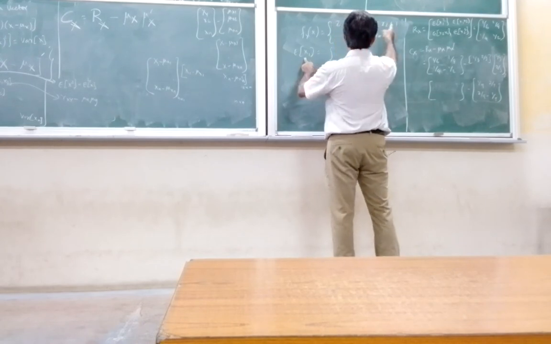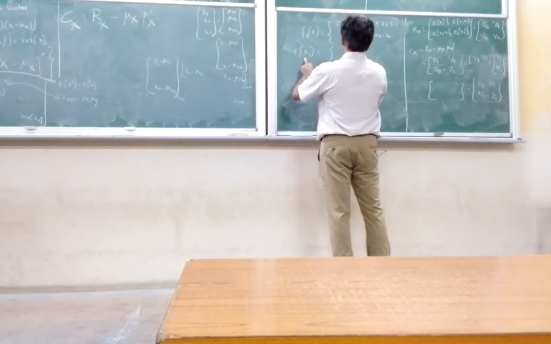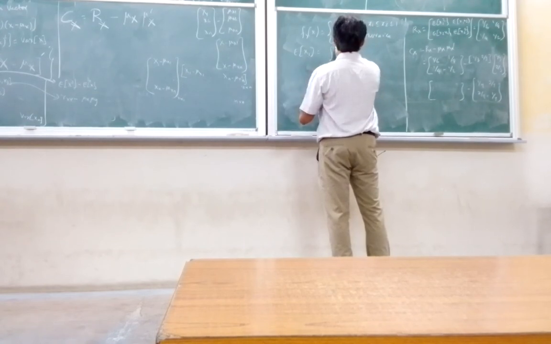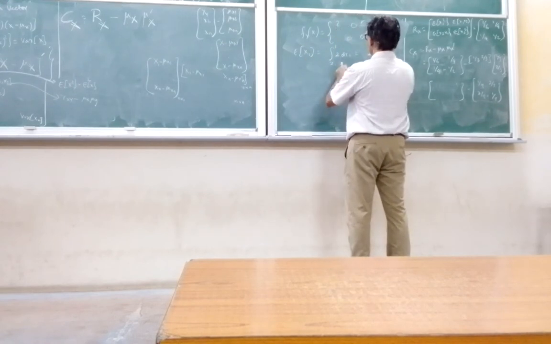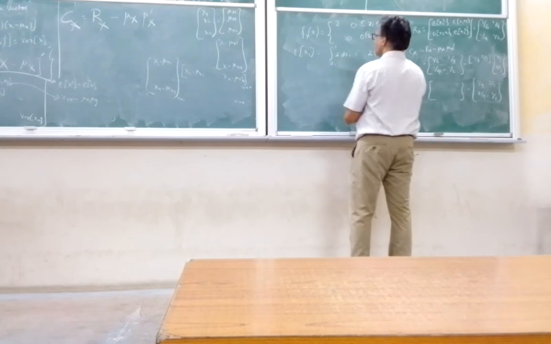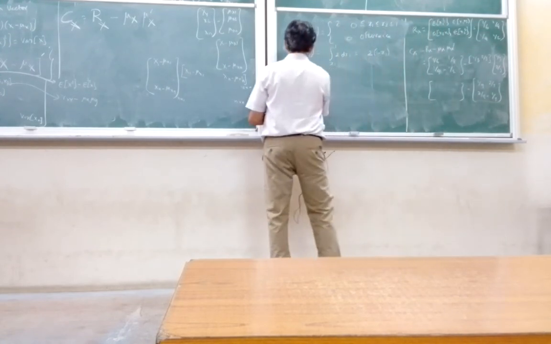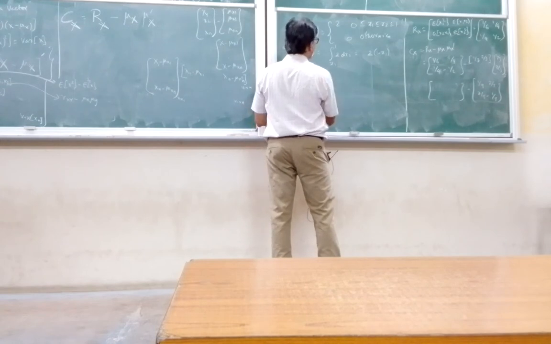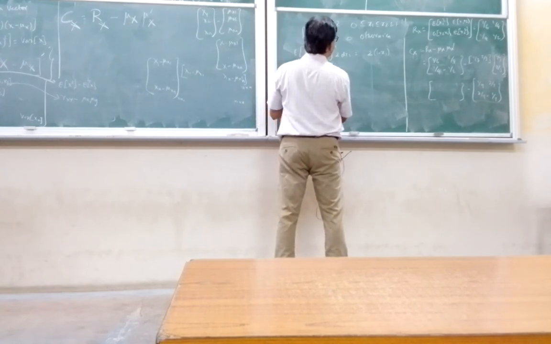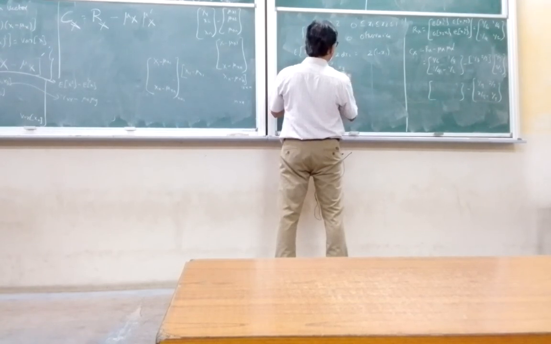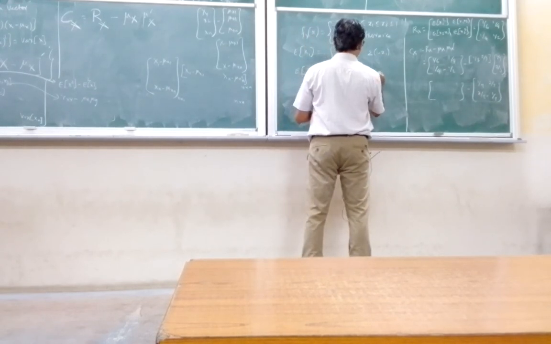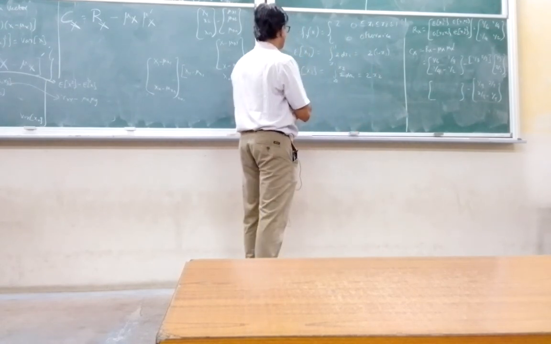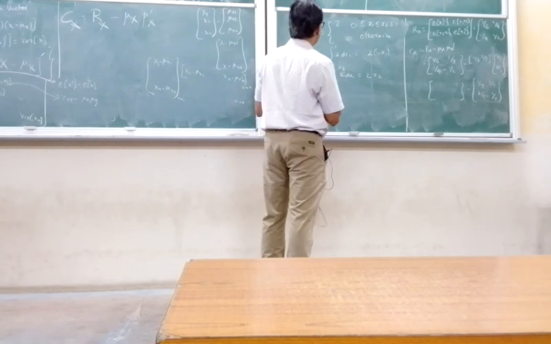You have to integrate out x2, where x2 lies between x1 and 1, with respect to dx2.